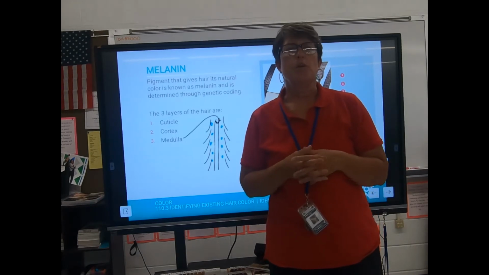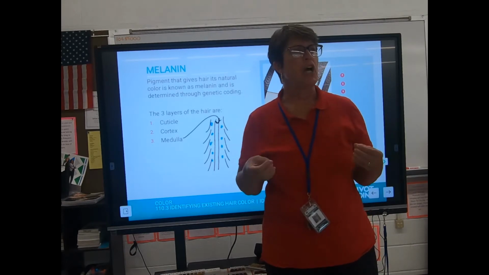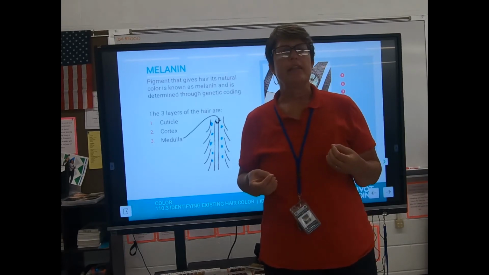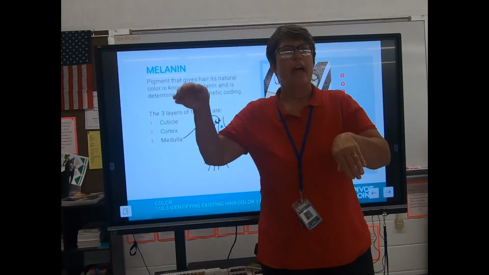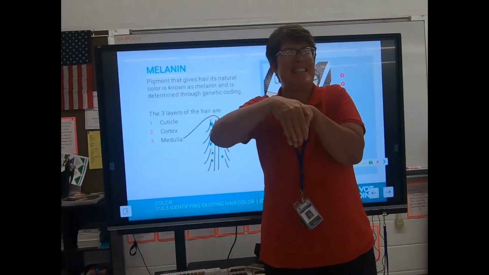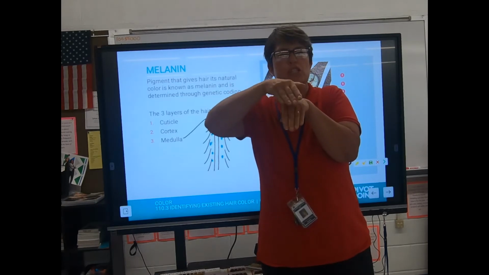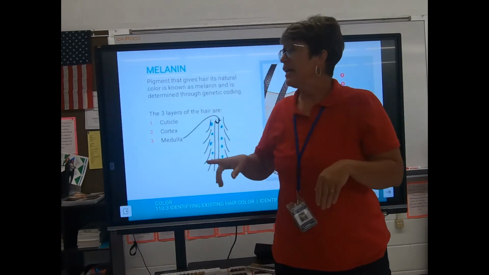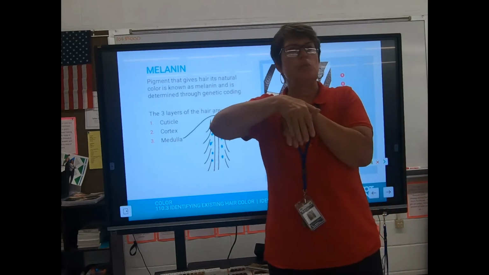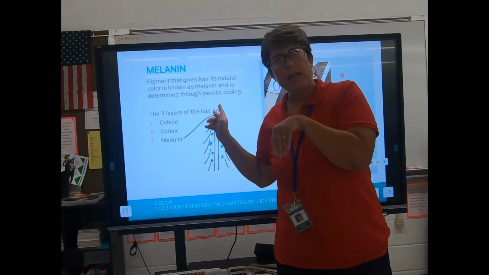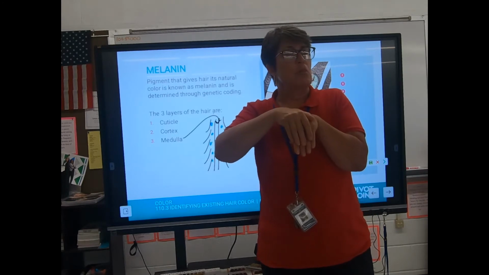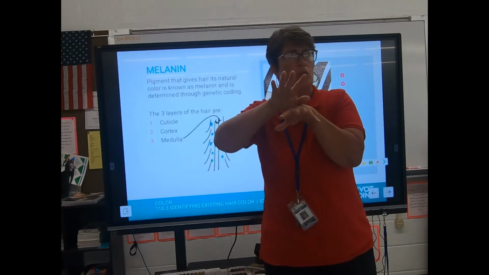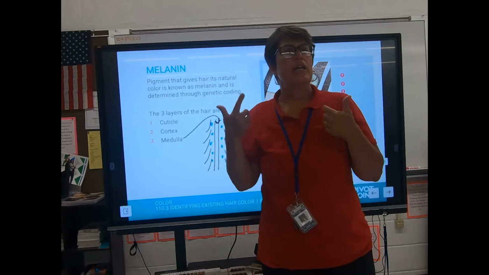So if you have someone with very shiny hair, like think of Asian hair, that really black shiny hair, that cuticle is tight. It's shut so tight that's why it looks shiny, because it's a smooth surface and the light bounces off of it and we see shine. The more damaged someone's hair is, the more open the cuticle is, and it looks dry and dull.